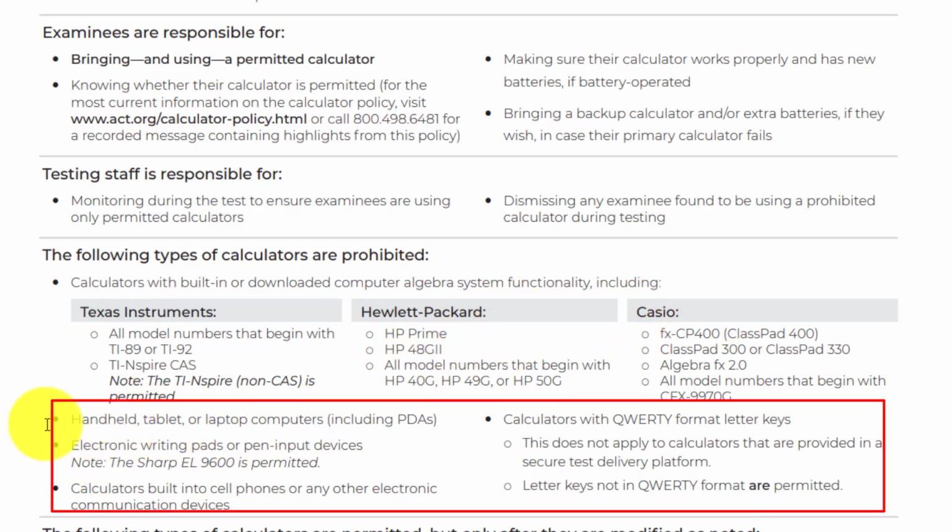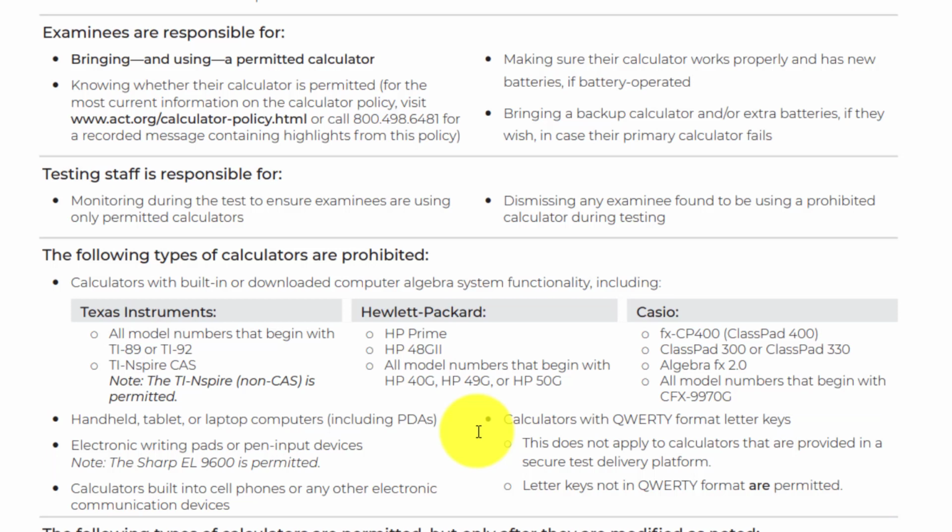Handheld tablet or laptop computers are prohibited. Electronic writing pads or pen input devices are prohibited. Calculators built into cell phones or any other electronic communication devices are prohibited. Calculators with QWERTY format letter keys are prohibited.